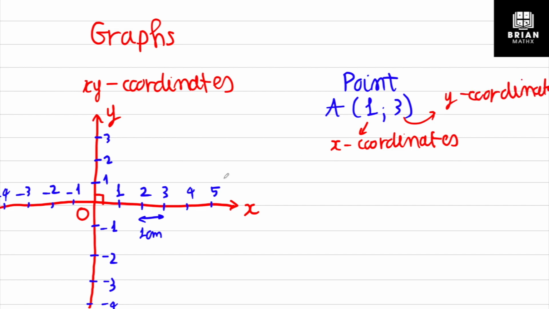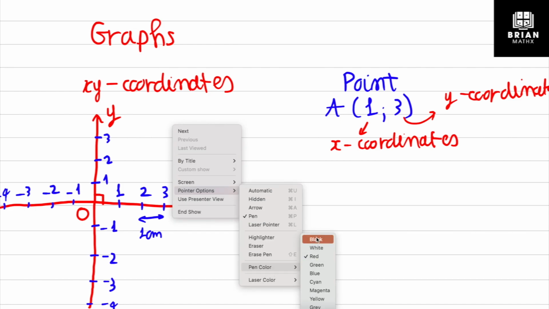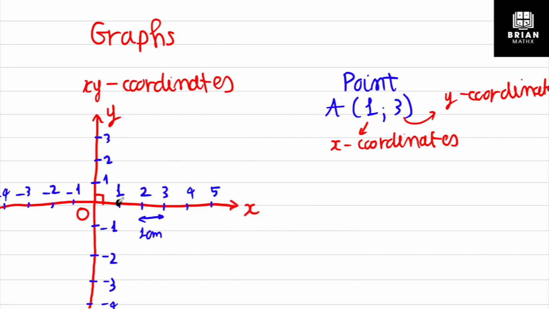It means on the x-axis you determine where the value 1 is, and on the y-axis you find 3. From 1 you draw a line parallel to the y-axis, and from 3 you draw a line parallel to the x-axis, and you can determine that here is point A.